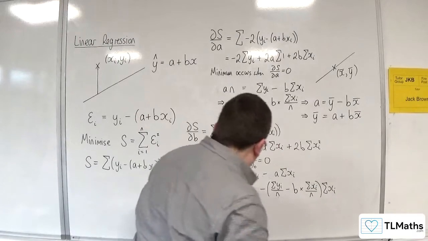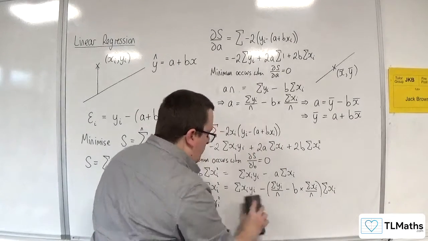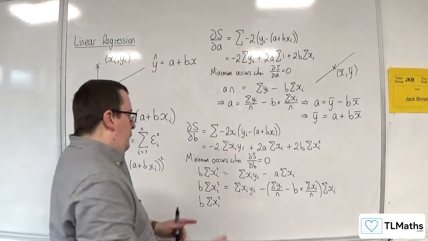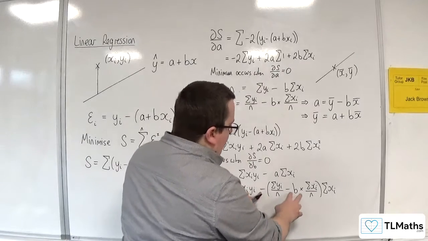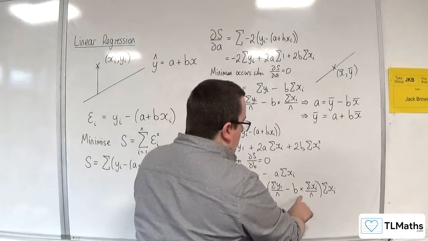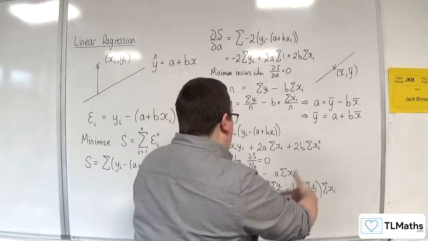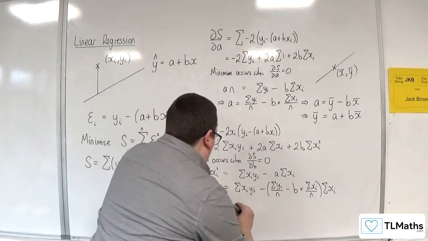Actually, I've changed my mind. It's all part of the process. Let's multiply it out and move the b onto the other side. We've got minus, minus, so plus b times that times that. So I'm going to subtract that from both sides.